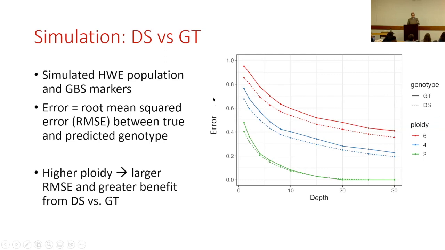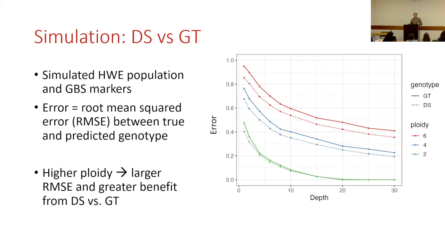And the error you're seeing is the root mean squared error between the true value in the simulation and what the updog model predicts. And then I've got 3 colors here. Green is for diploids, up to red for hexaploids. The solid lines are the predicted genotype, the most probable genotype, and then the dashed line is this posterior mean.